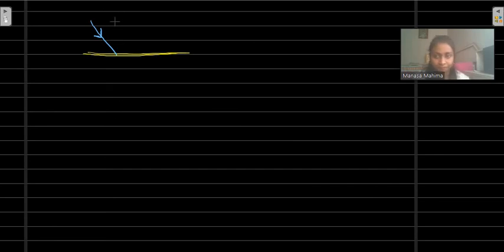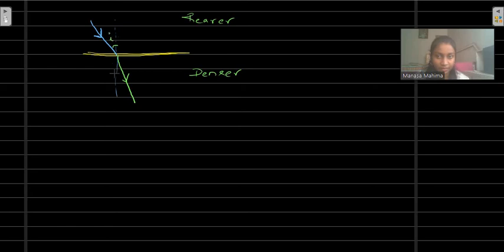Now I need to draw a normal. Then I take this as the rarer medium and this as the denser medium. What happens when the light ray is traveling from rarer to denser? It will always bend towards the normal.